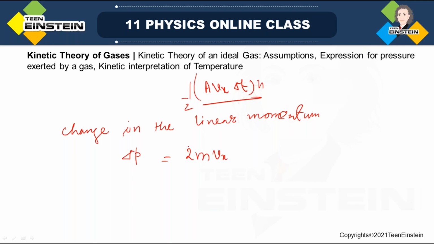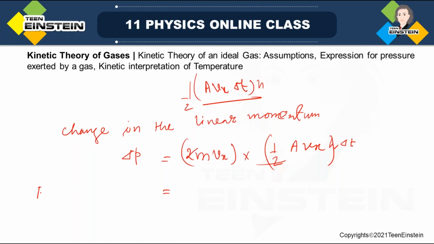This is the momentum change for only one molecule, and these are the numbers. Okay, so if we simplify this, the 2 goes off. That's all.